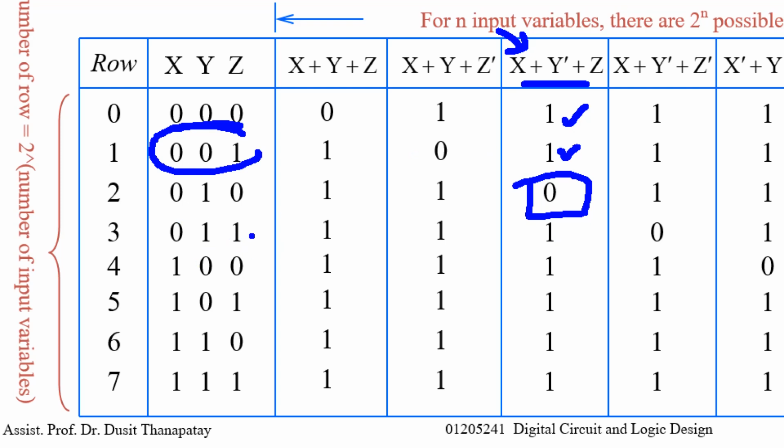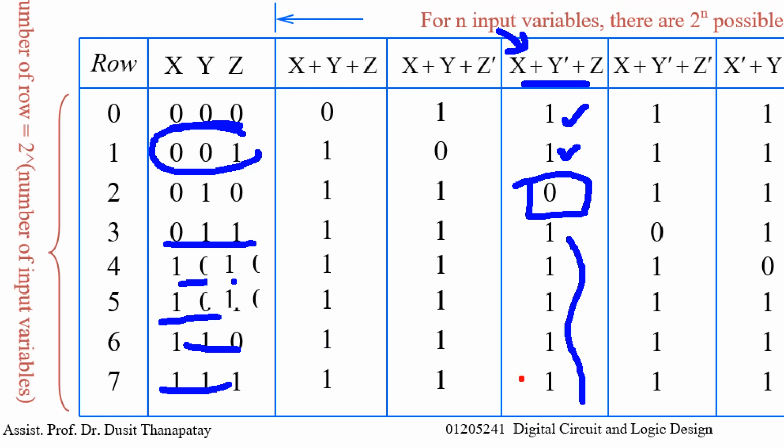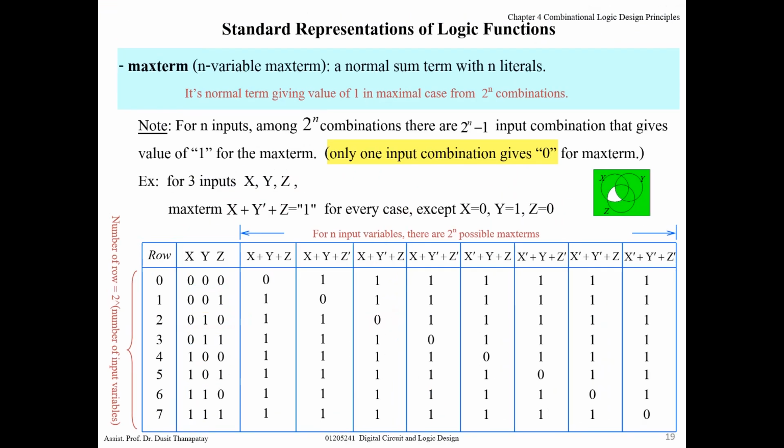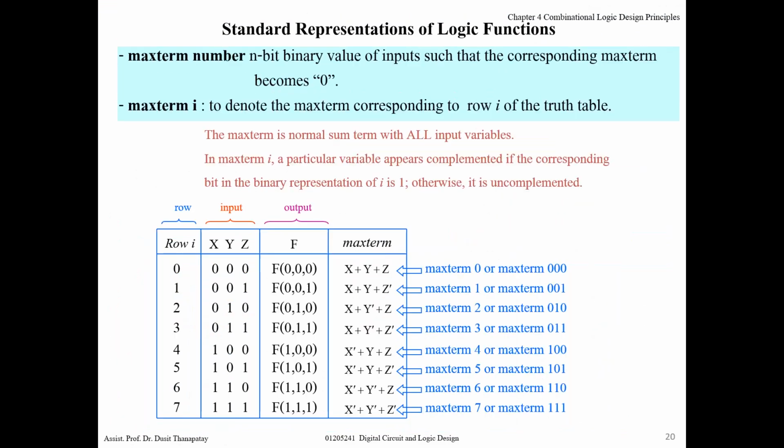All of these will make the function 1, except this value. This value will make this term 0, only one case. So we call this term a max term, and this value is called the max term number or max term I. You can write it in decimal or binary form.